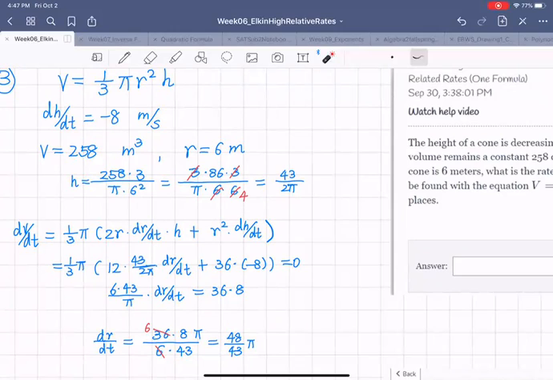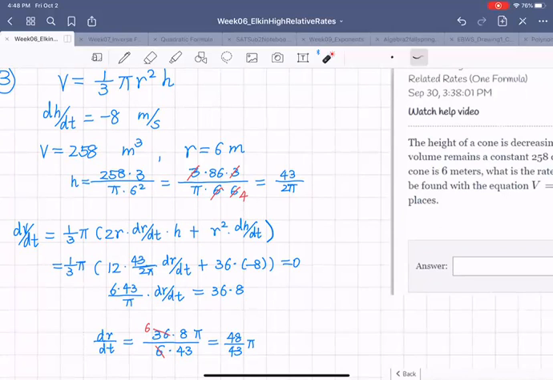1/3 pi times 36 times h. Volume is 258. Okay, hold on. 258 equals 12 something. 258 times 3 over 12 pi.